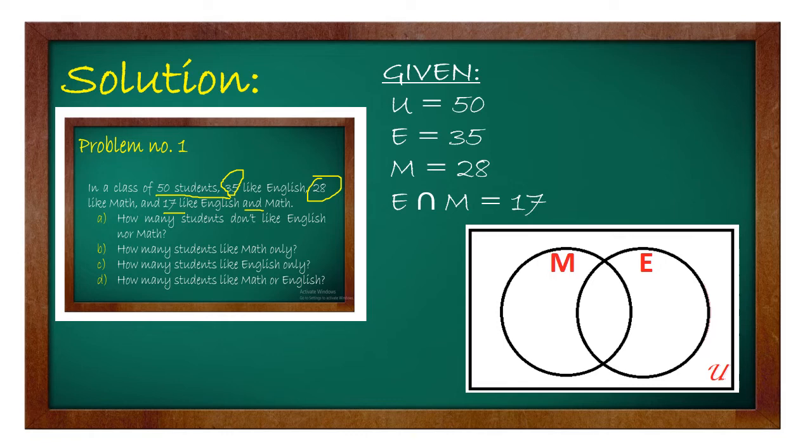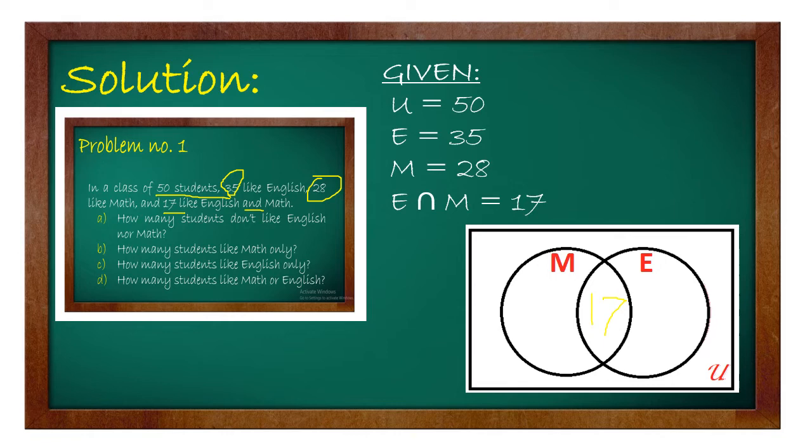Ibig sabihin, working backwards, mula sa intersection, papunta kay set M, papunta kay set E, hanggang sa makarating tayo sa universal set. So, for example nga, 17 ang intersection. Ibig sabihin, 17 ang ilalagay natin sa gitna.